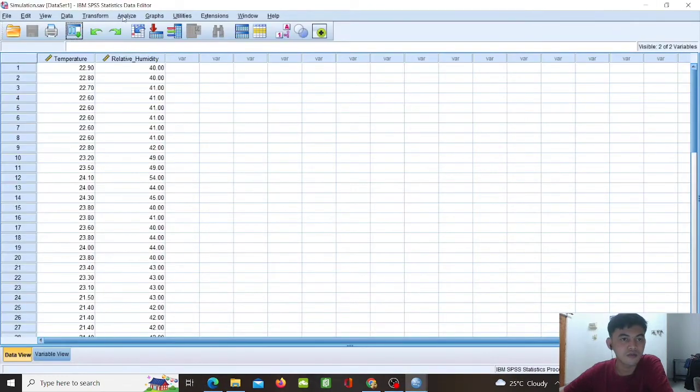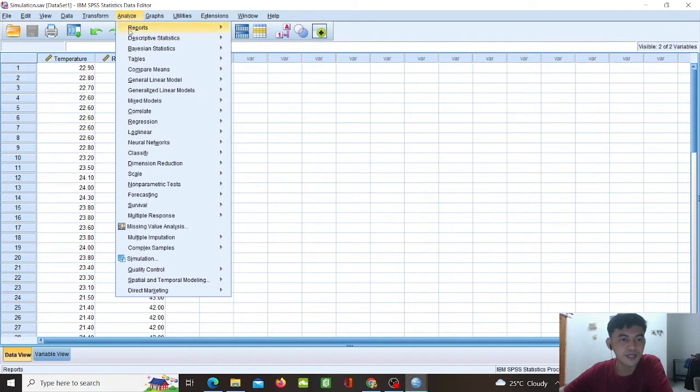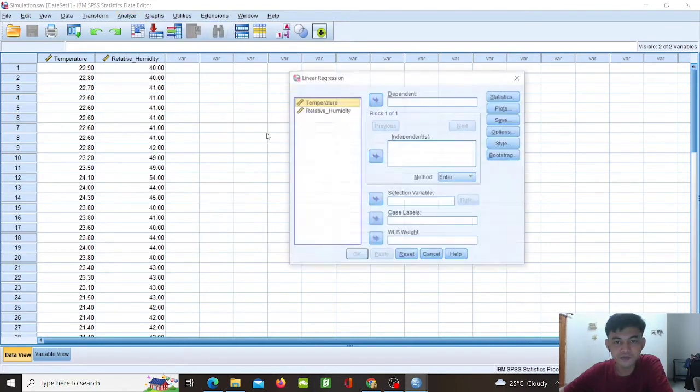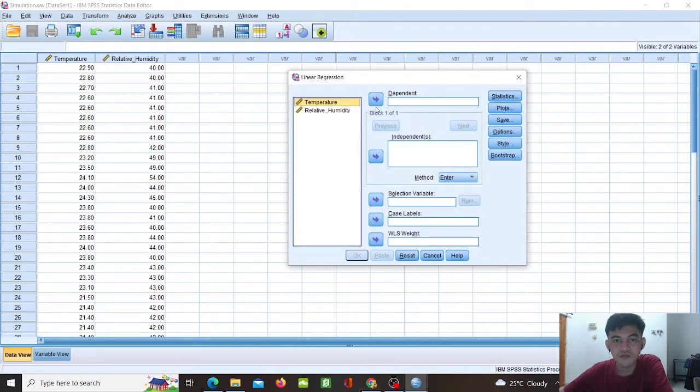First we go to Analyze, then Regression, then Linear. Here we insert our dependent value, which is relative humidity, and temperature for our independent.